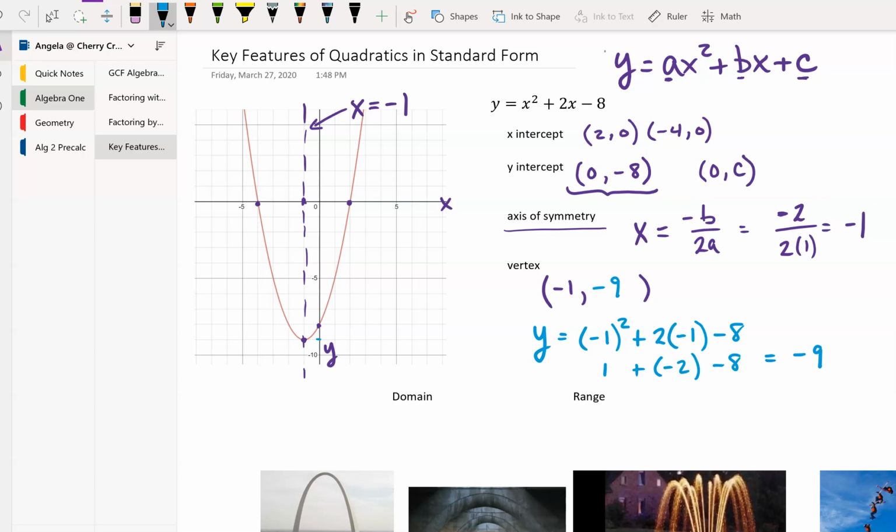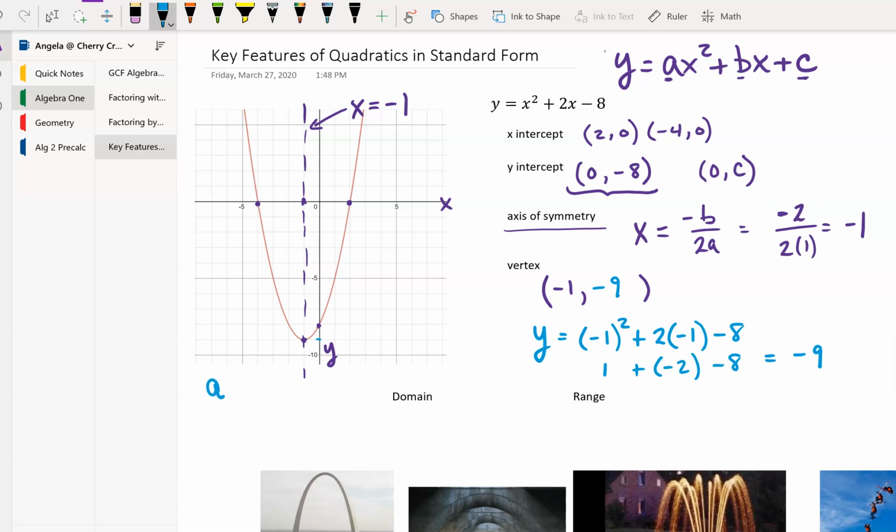Another really cool thing you can look out for is when you see your A value here and you know it is a positive 1, there's going to be a difference between how your parabola looks if the A value is positive or negative.